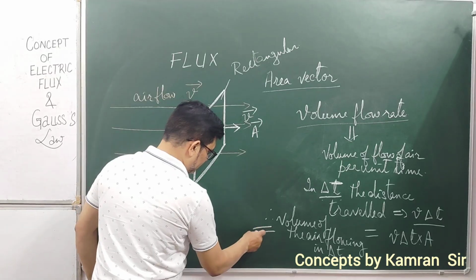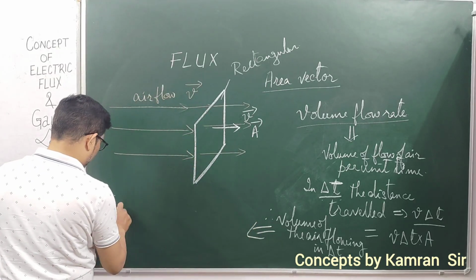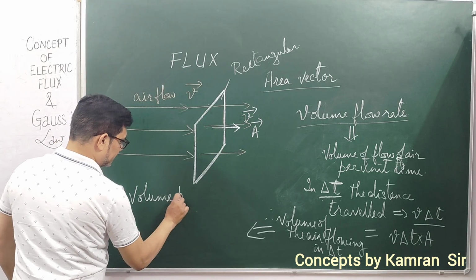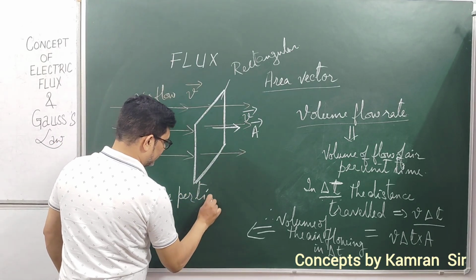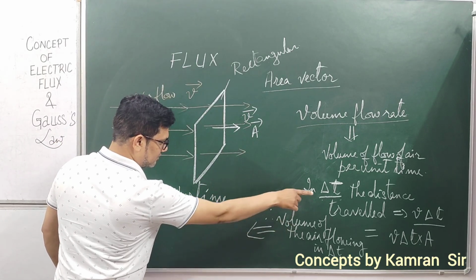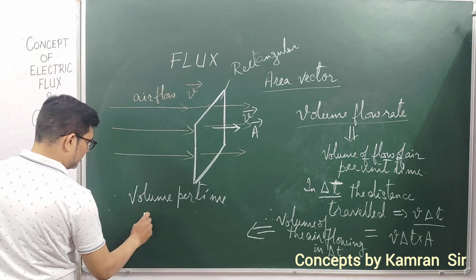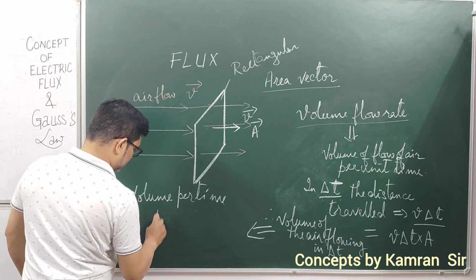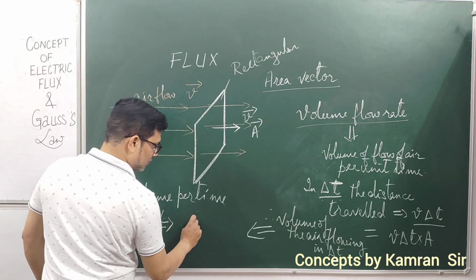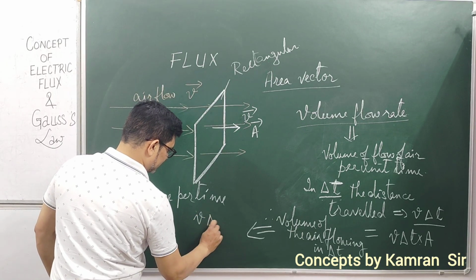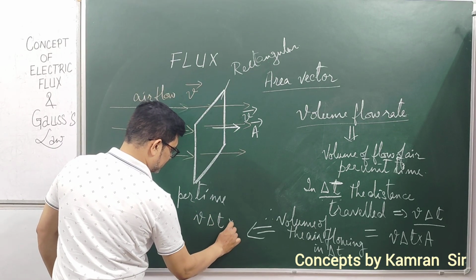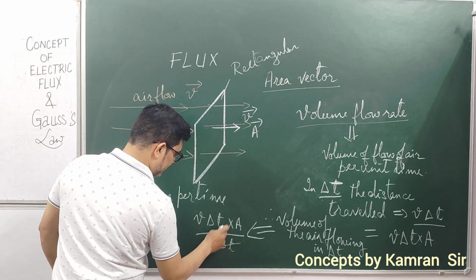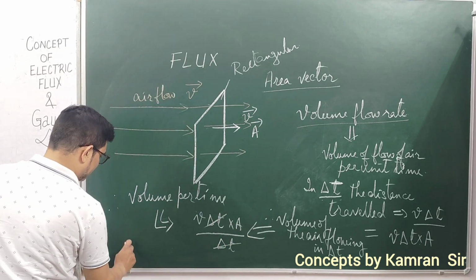So from here we can write, volume per unit time. In delta t we get this volume, therefore volume per unit time is equal to v times delta t times A divided by delta t, and the delta t cancels.